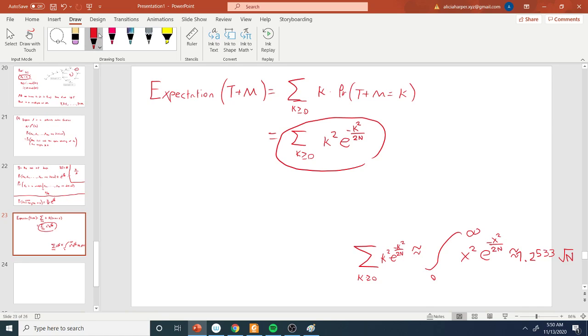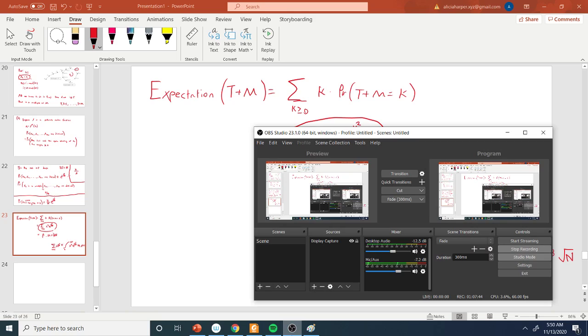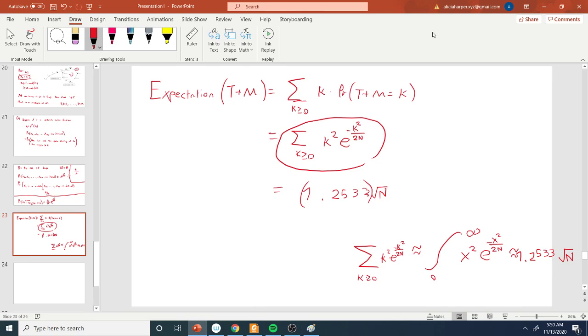But from this, we get that the expectation of t plus m is approximately equal to 1.2533 times the square root of n. So from this, we have estimated the expectation of t plus m, the expected tail plus cycle length.